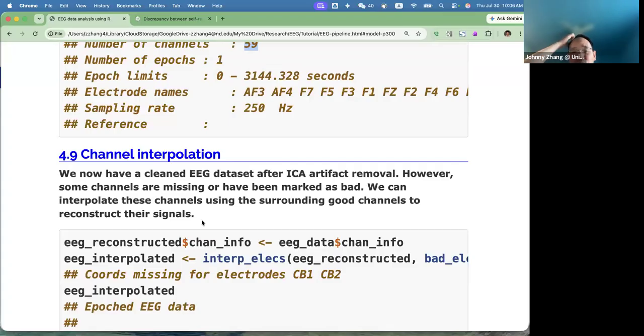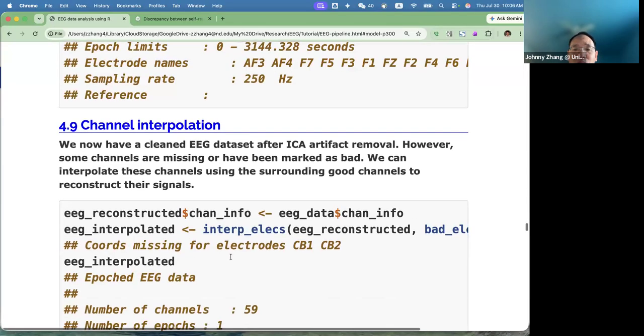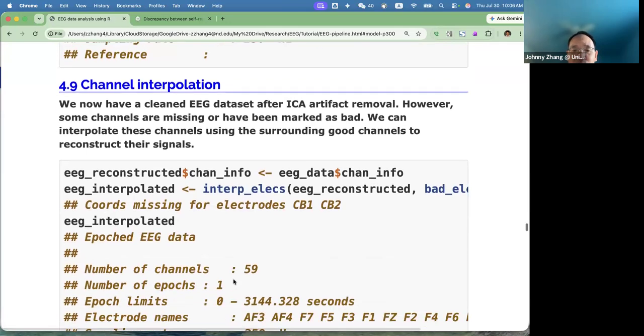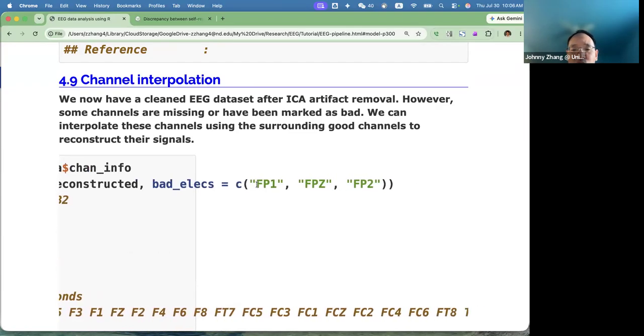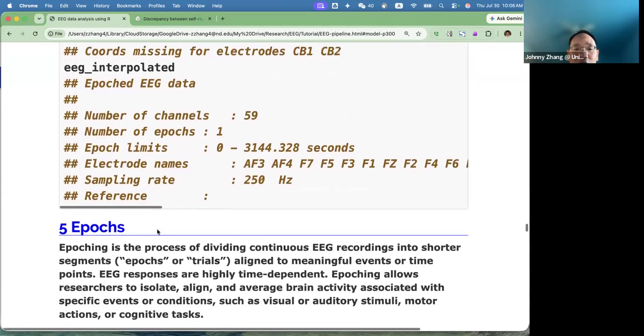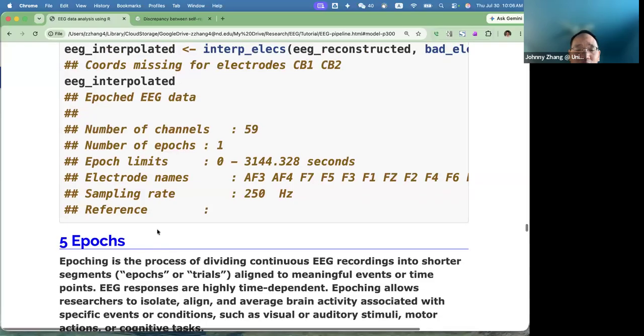Basically, you want to impute your missing channels. To impute that, oftentimes you can use surrounding channels to reconstruct the signals. So here I simply use this function to add back the missing channel information for these 3 channels. Now I have complete information.